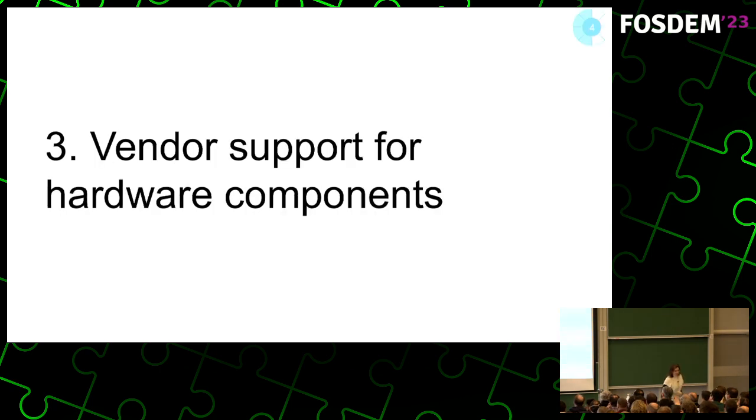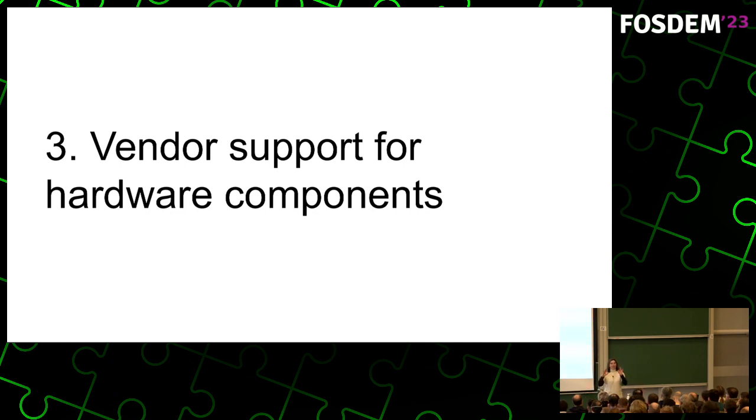Number 3. Number 3 is not considering vendor support for everything you use in your project from the beginning. A classical example is not very open source friendly support for a processor, or not completely up to date.